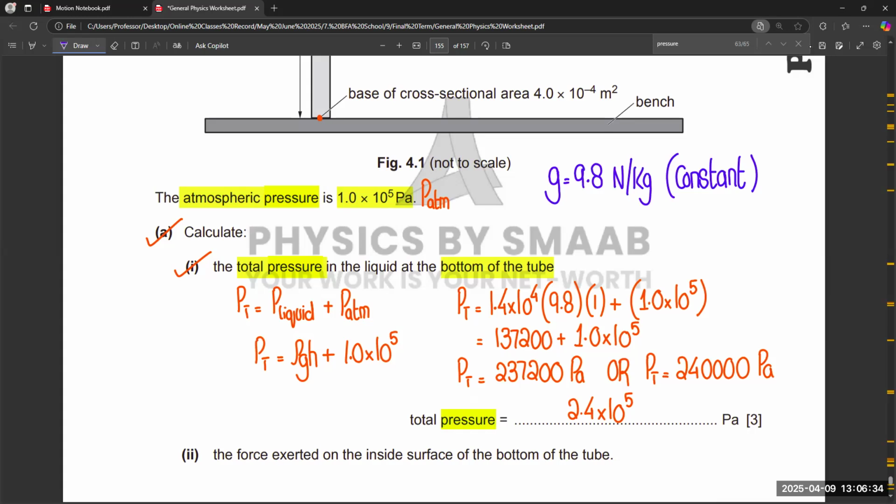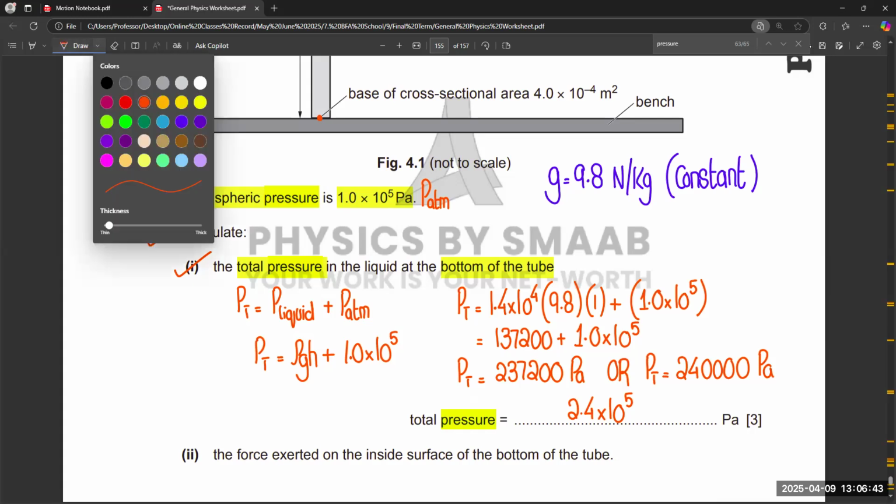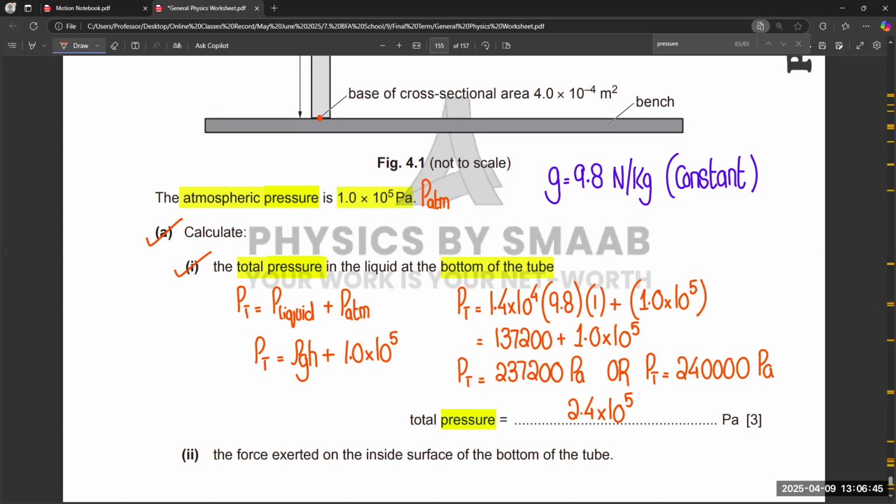So this is a constant value. It is always given in the instructions at the top of the paper. Any confusion in calculation from the calculator?